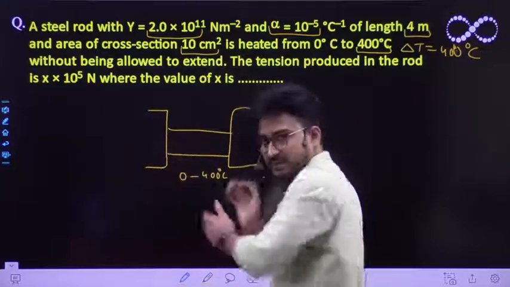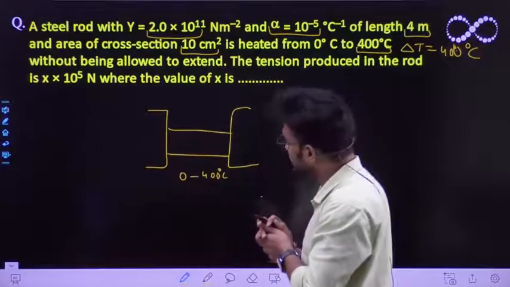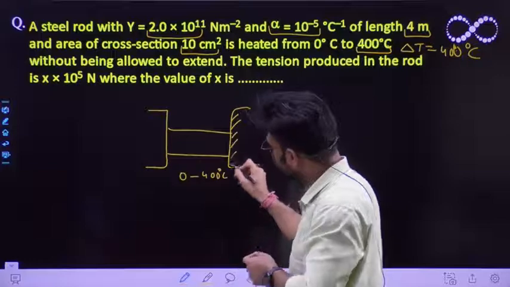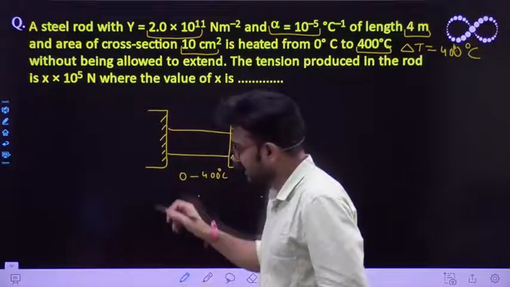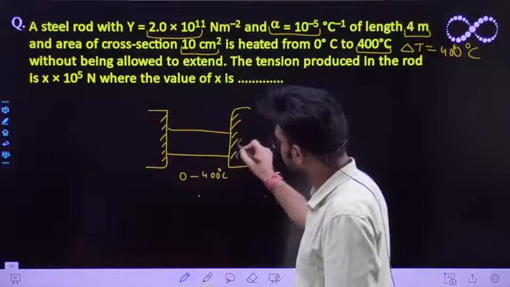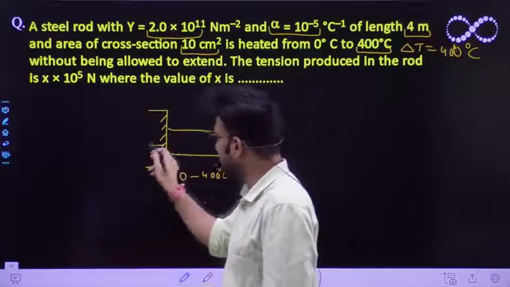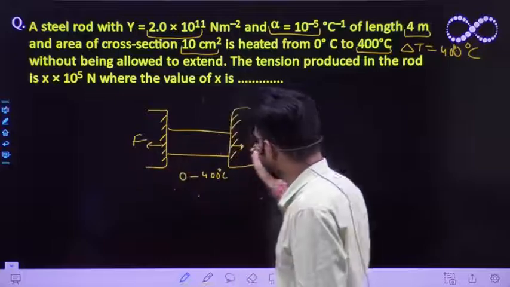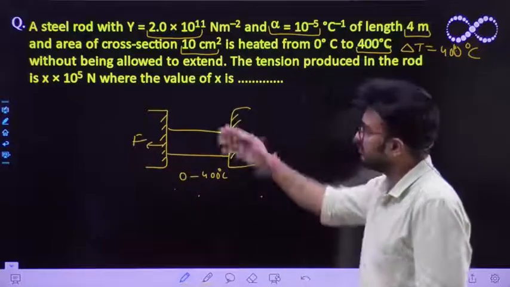It will try to expand, but it cannot expand because of the wall at its corner. So what is the force or the tension applied on this wall, without being allowed to extend, that you need to find out.